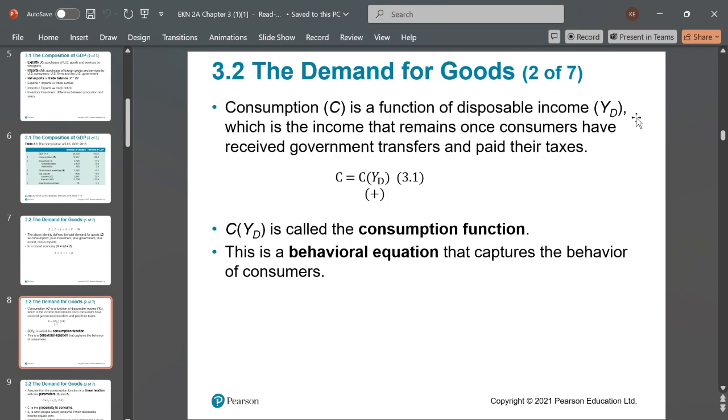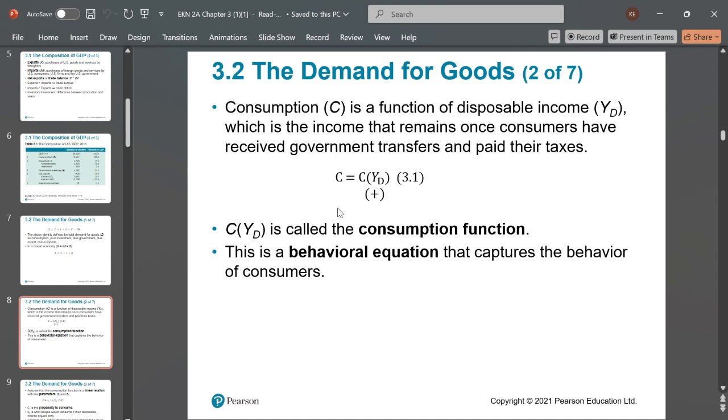What do I mean by this? Your parents' employer deducts taxes from your parents' income on behalf of SARS to make it easy for them to pay. So basically, that 20,000 is their disposable income. It's the income that they will dispose of, the income that they will spend. And then it's a behavioral equation.